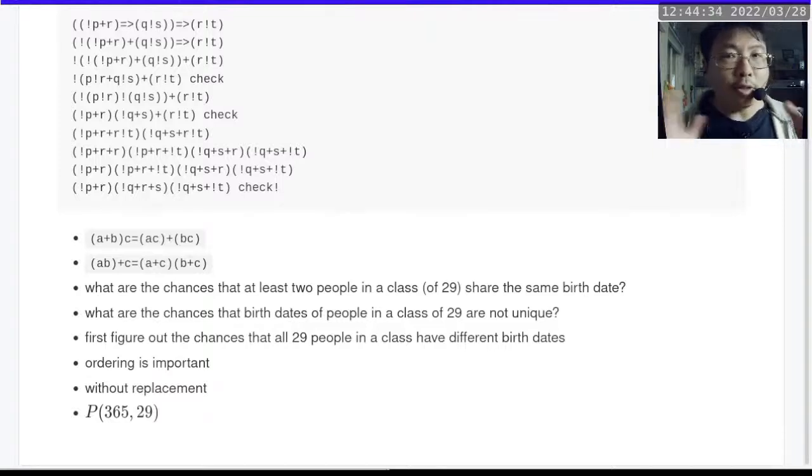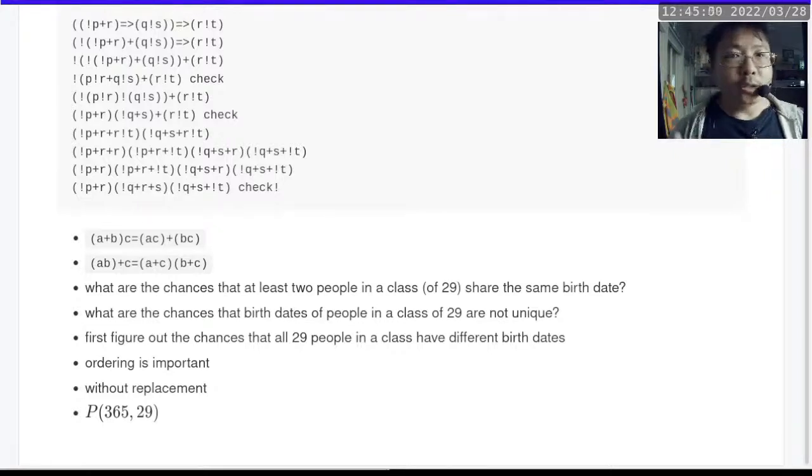We know this number has to do with without replacement, with ordering being important, and with there being 365 possible things. In other words, that is the cardinality of the set of outcomes for the first trial. And there are 29 trials because there are 29 people, each one going to the bag and picking up one item.